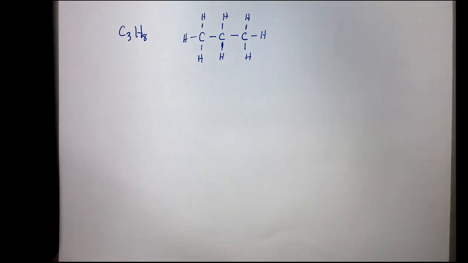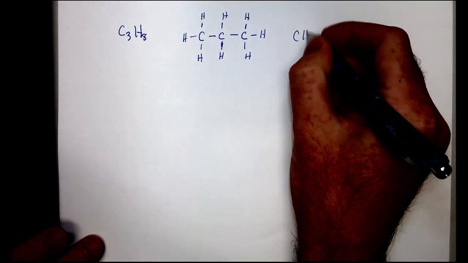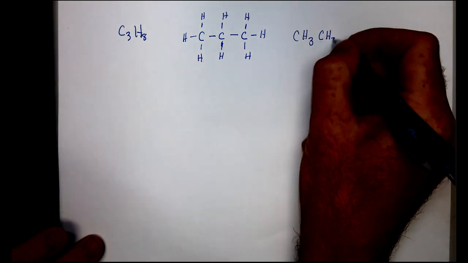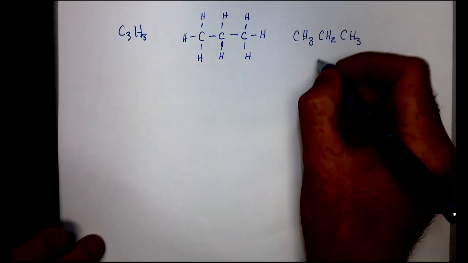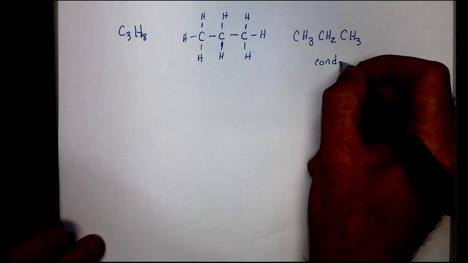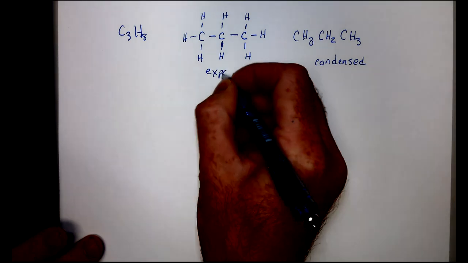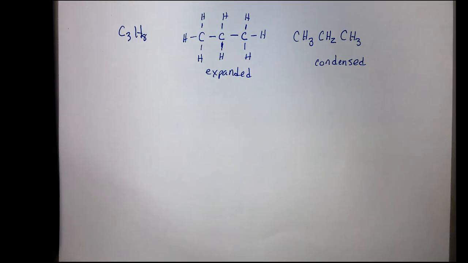Now, that kind of shows you what came from the table because there's a CH3 here. So that's CH3. And then the middle, CH2. And then you have CH3, where this is what we call a condensed formula, where this is your expanded. The expanded formula works when you're trying to show things when you're first starting, but showing all those hydrogen bonds explicitly in a very large molecule becomes cumbersome.